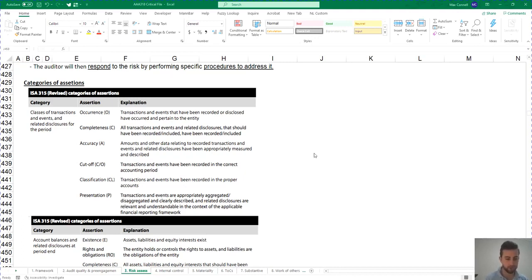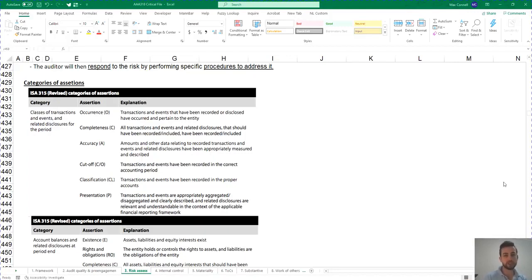When you go and do the stock taking, you see that there's 100 items. But then when you look in the balance sheet, you'll see that the value in there only correlates to 99, which means that there's one other one that should have been recorded in the financial statements, which wasn't. Accuracy. This is when transactions and events and related disclosures have been appropriately measured and described. For example, valuation might be wrong.